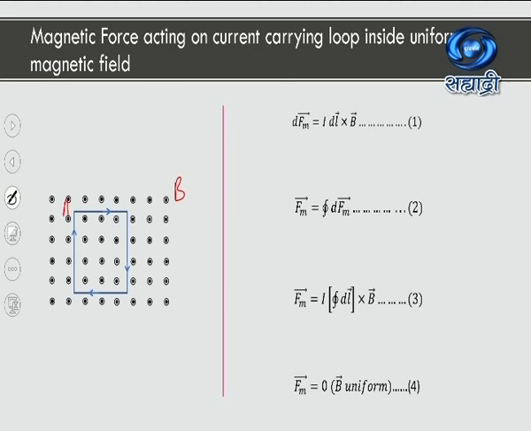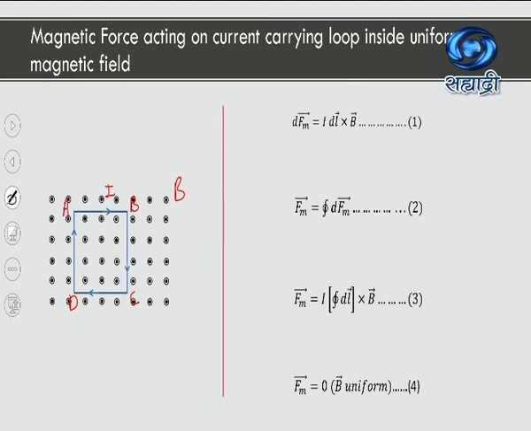I'm going to take a current carrying loop in a rectangular or square form, say ABCD. Let I be the current going clockwise within this loop. You can see that the whole loop is inside the magnetic field, and we are going to derive the expression for the magnetic force experienced by this loop. So shall we go ahead with this then?